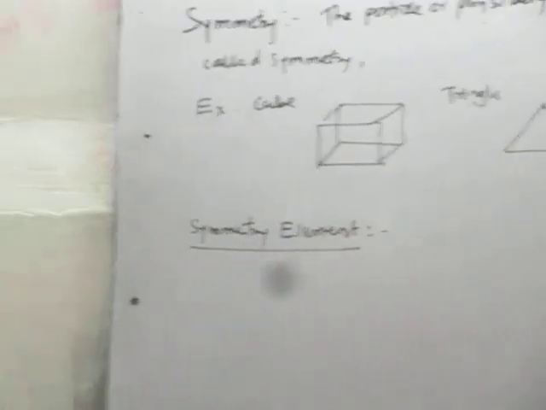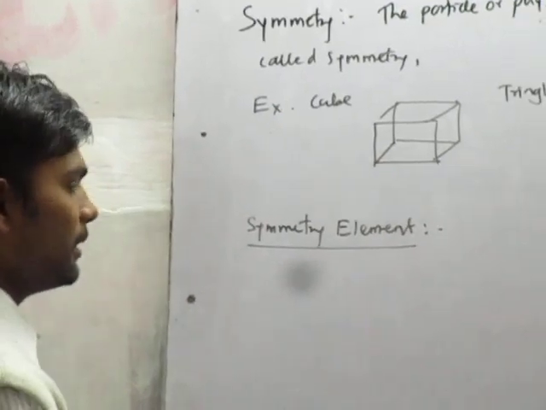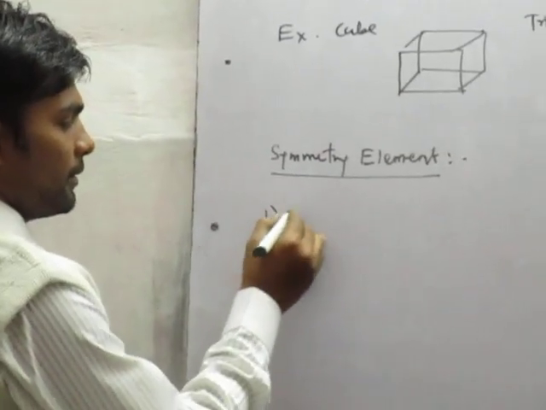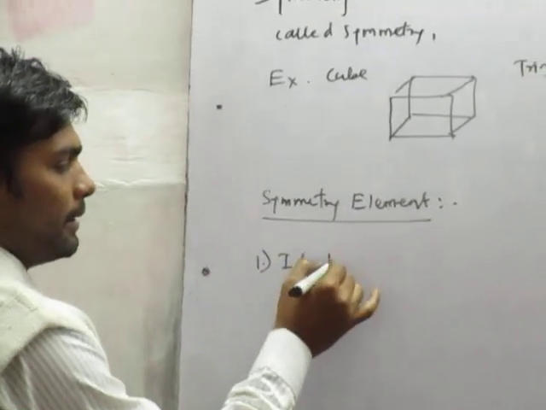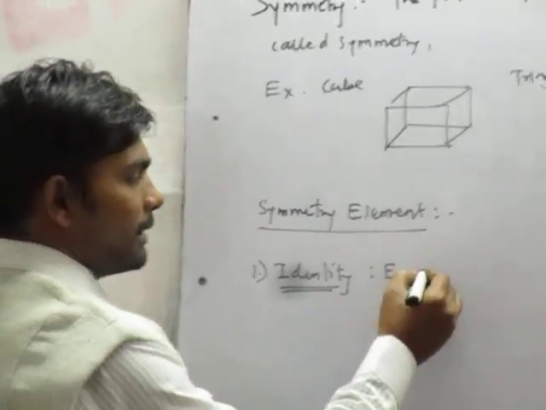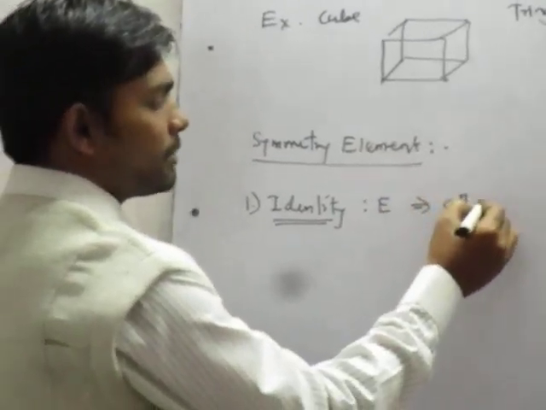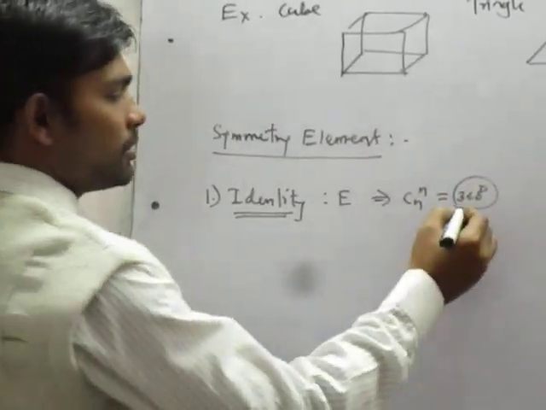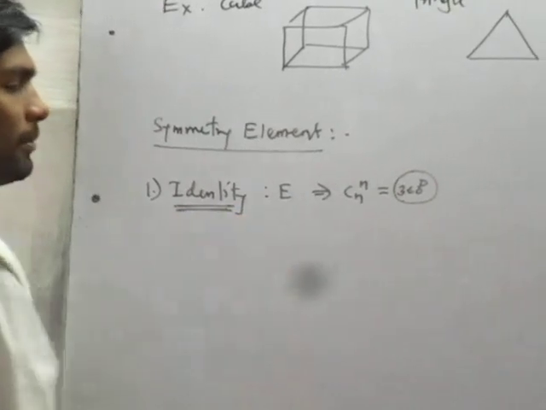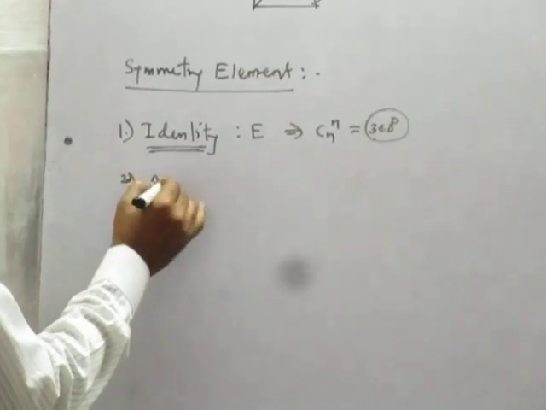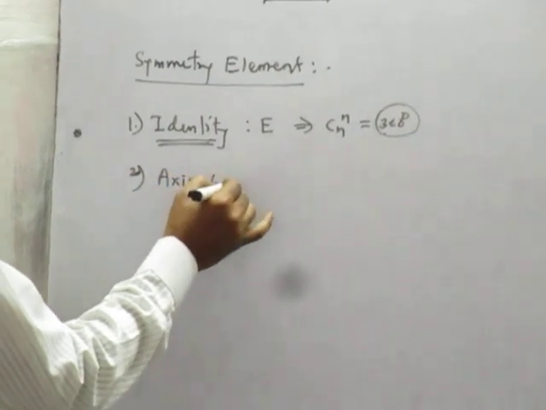They have symmetry which is described by identity, denoted by E. The molecule has Cn, where n rotations are equivalent to 360 degrees. That is defined as the identity of the molecule. Then second, the axis of rotation.